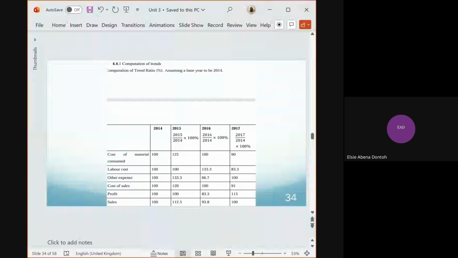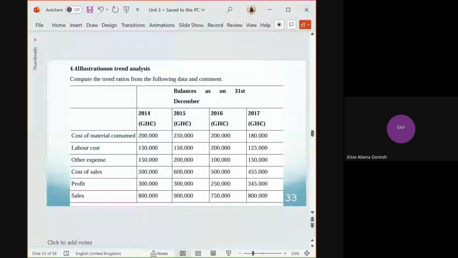And in the computation of the trend ratio, assuming the base year to be 2014, since 2014 is the base year, all the items for 2014 will be 100%. So when we come to 2015, it will be the value of the item in 2015 over the value in 2014 times 100%. So when we come here, it will be for cost of material.